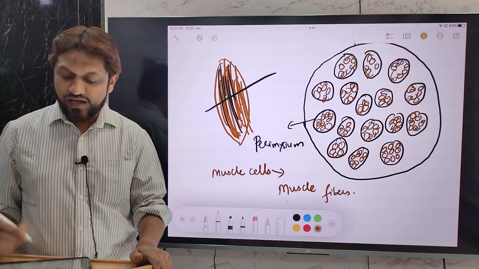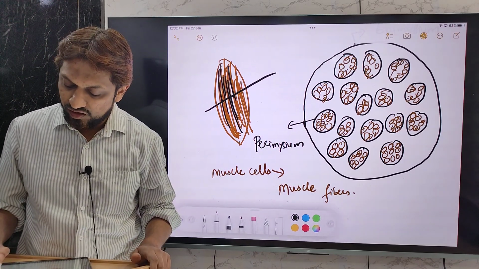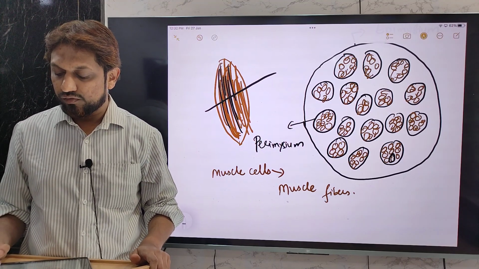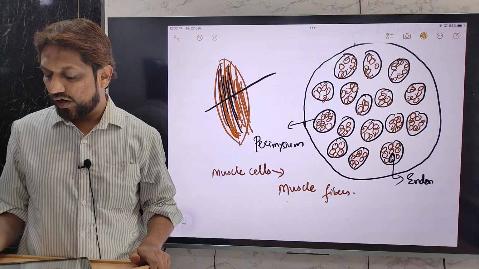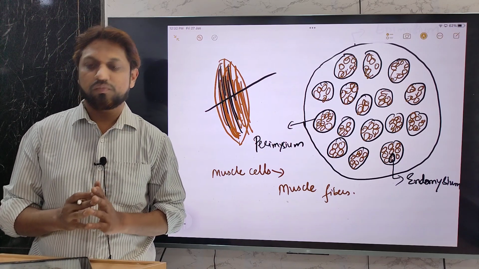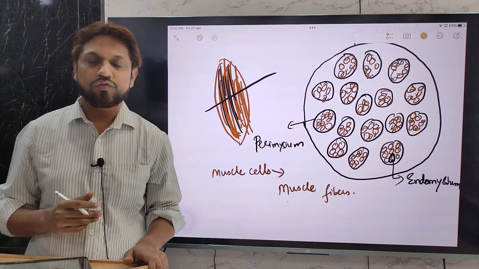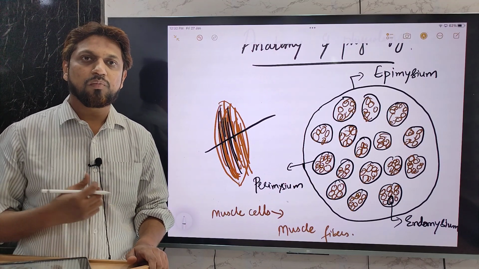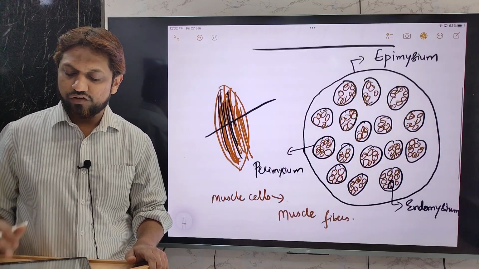Again, a single muscle fiber, which is a muscle cell, is further covered by one more connective tissue sheath called endomysium. All these connective tissue sheaths are interconnected to each other and help in the smooth contraction of skeletal muscles. We'll discuss that in detail in the next video on the molecular basis of muscle contraction. Right now we are concentrating on the functional anatomy.